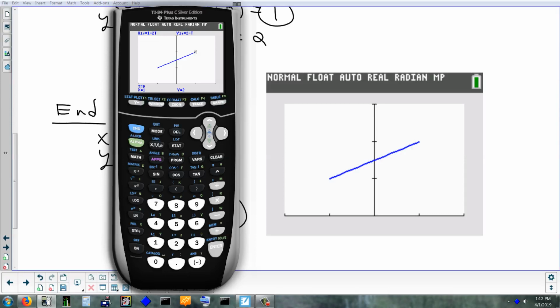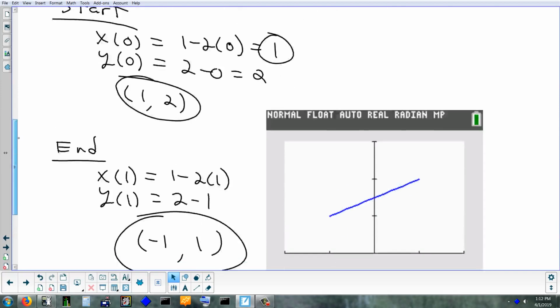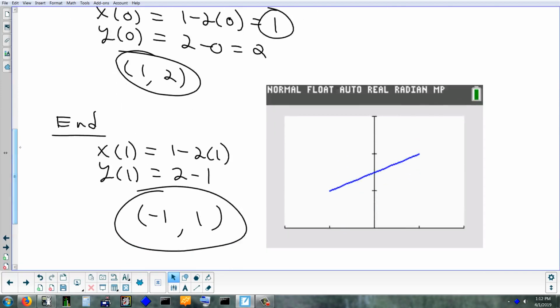I can only make t bigger. As I make t bigger, 0.6, 0.7, 0.8, my graph actually moves to the left. Right? And it does show me right where this one ends. -1, 1, which is exactly what we got. Any question on that?